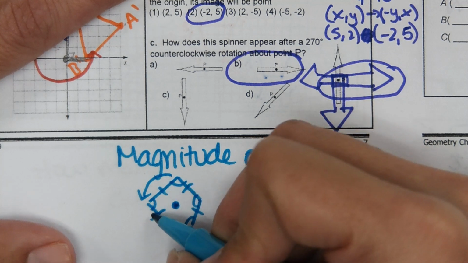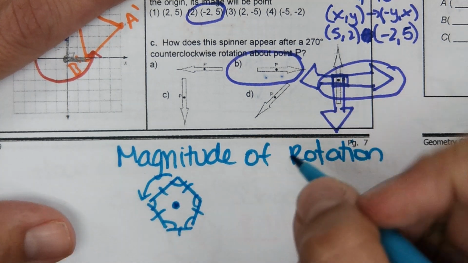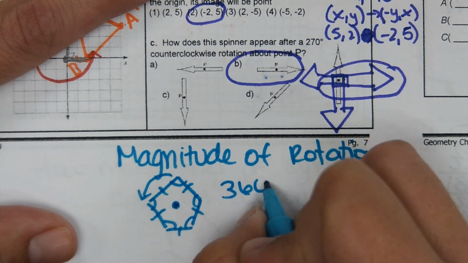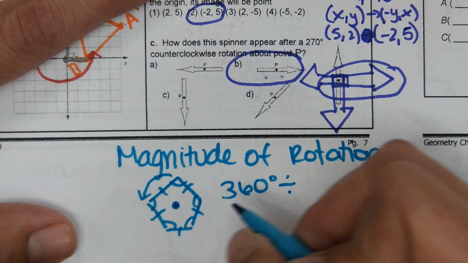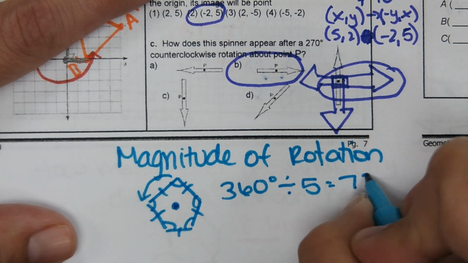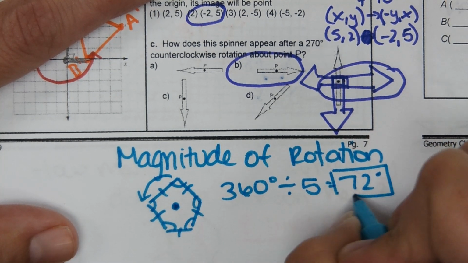The way you'd figure that out is take 360 degrees, which is all the way around, divide by the 5 sides, and the magnitude of rotation is 72 degrees.